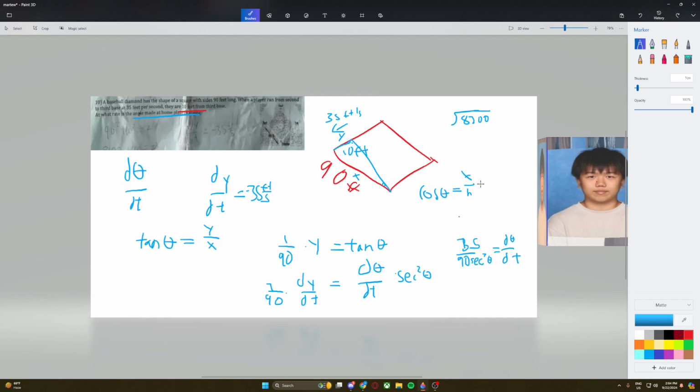Okay, so given that, sec is equal to h over x, which is square root of 8200 over 90.